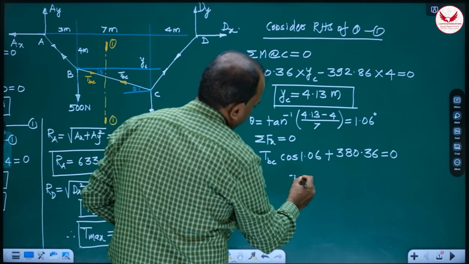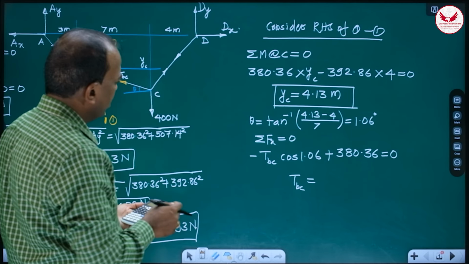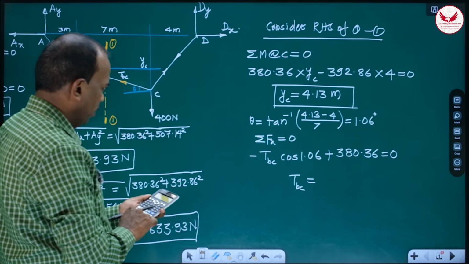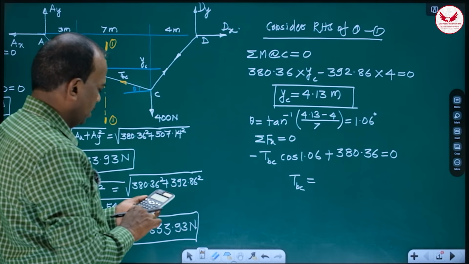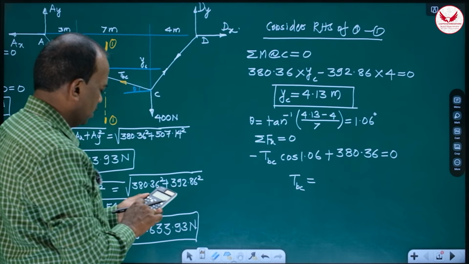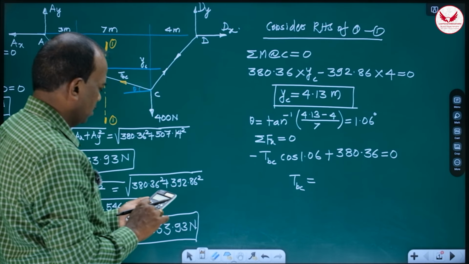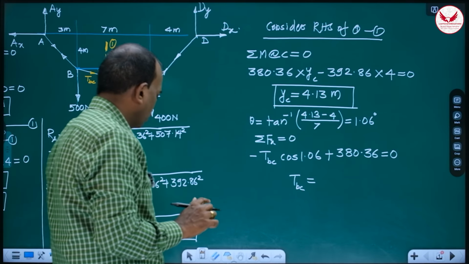You can consider the LHS side also, and the same answer will be obtained. TBC, the tension in the third segment, is going to be 380.36 divided by cos 1.06, which is 380.42.